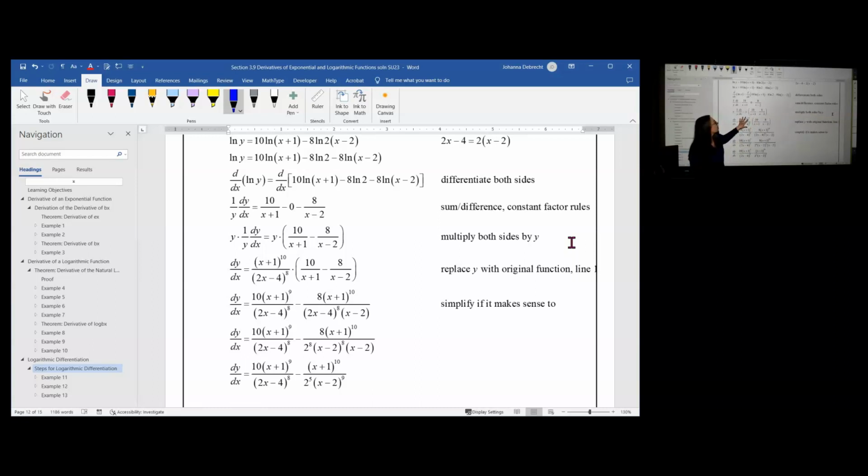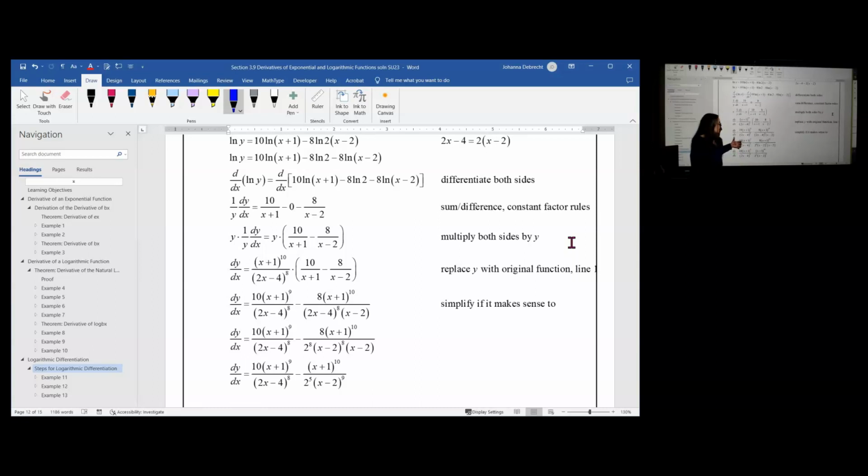Then we replace y with the original representation of y, which gives us this expression here. How far you go from this point depends on your professor and how complicated it looks and whether you think you can make it simpler. In this case, I thought maybe I could make it simpler.